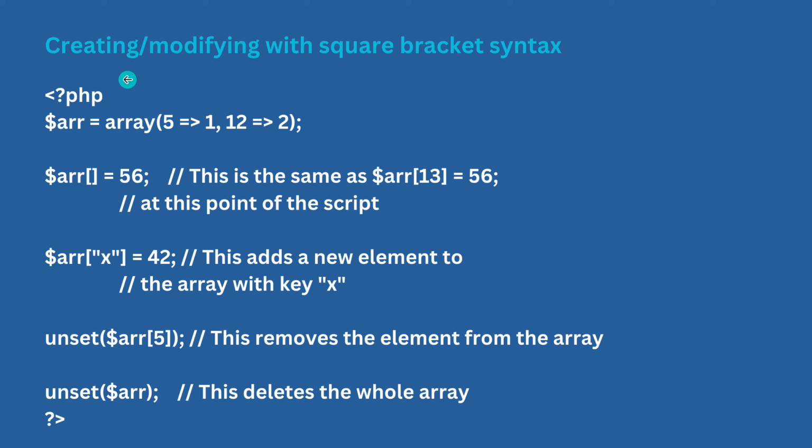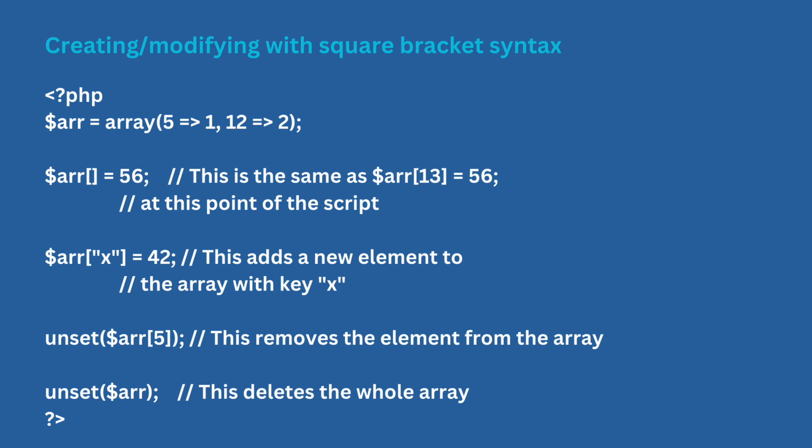Now how we can modify, I have also shown you the modify square bracket syntax. Like here, this is the array, at index 5 there is value 1, at index 12 there is value 2. So what will happen if I add here 56? I have not given any index, what will happen? It will get the index 13.